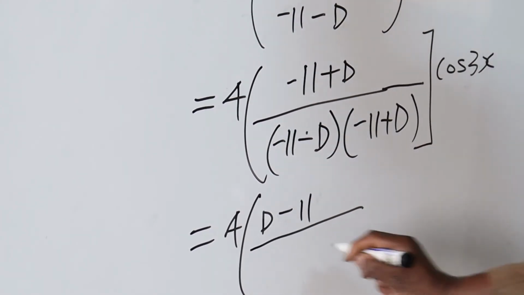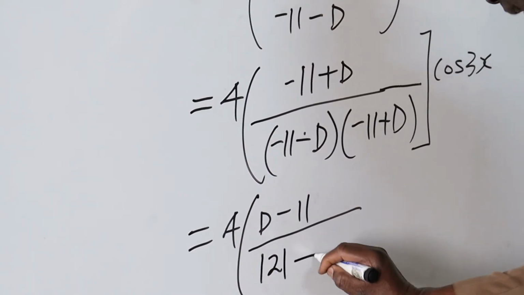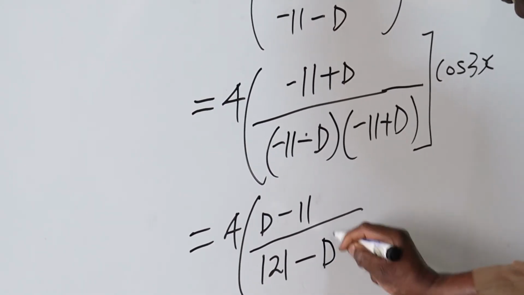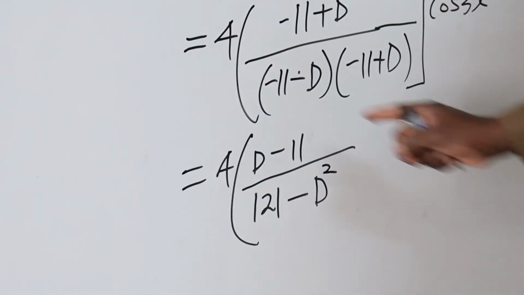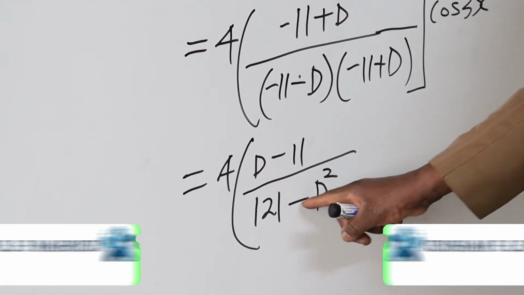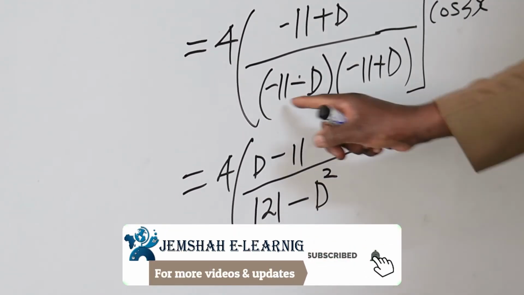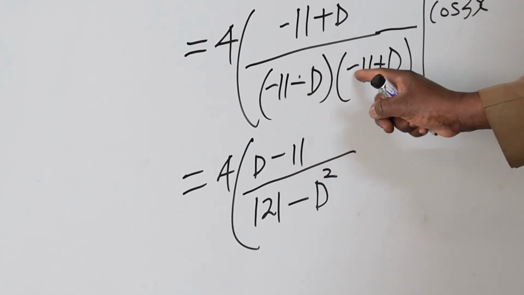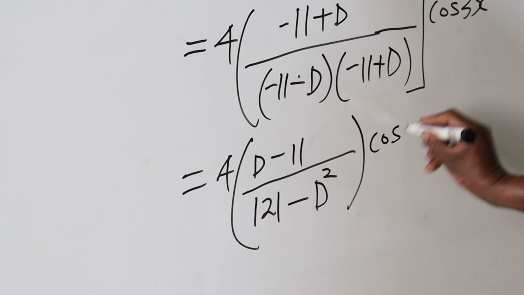The denominator, if we multiply out, gives 121 minus D squared, acting on cos 3x.